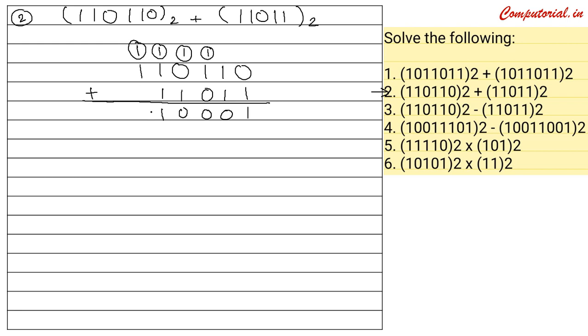And then when you will add these 2 ones, it will be 0 and a carry of 1 will be again generated, and then you have to note down that carry over this side. So it is 101001 with a base of 2 as your answer of this question. I hope that you all must have got this question. Now let's move to our question number 3.